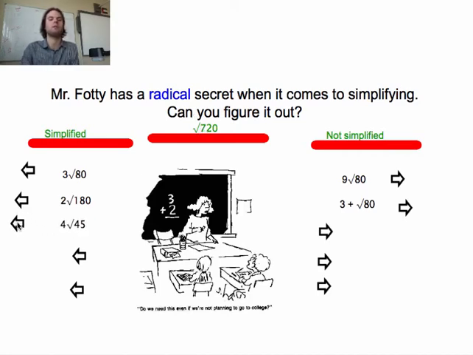Let's take a look at that one. This one here is equivalent to the square root of 720. This one here is not equivalent to the square root of 720. Let's take a look at one more. This one here is equivalent to the square root of 720. This one here is not equivalent to the square root of 720.